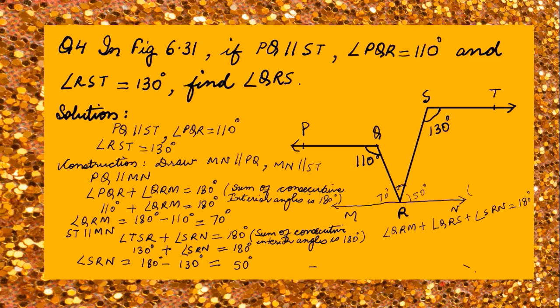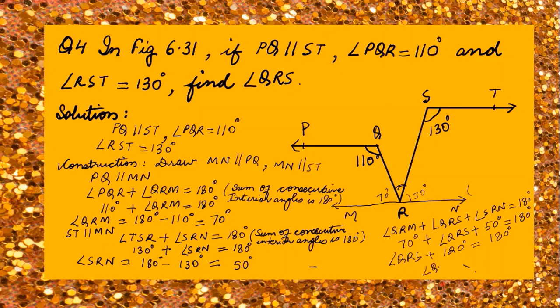So angle QRM is 70 degrees plus angle QRS, which we want to find out, plus SRN is 50 degrees equals 180 degrees. So angle QRS plus 120 degrees equals 180 degrees.